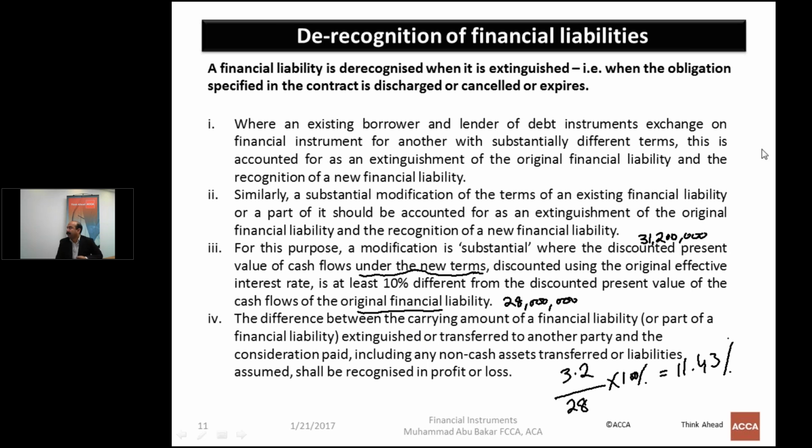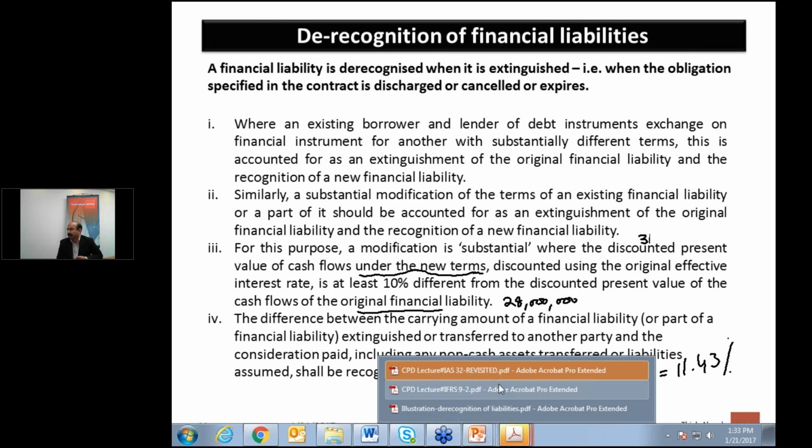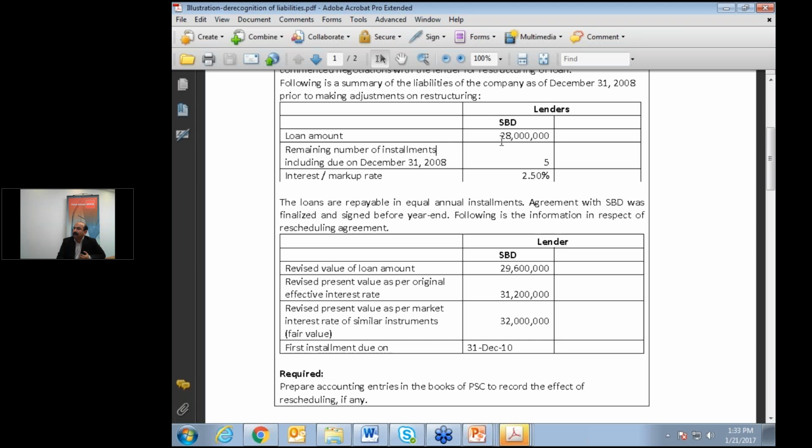Okay, if we come back to our question, see in our question, this was the loan amount with the original effective interest rate at December 31st, 2008, and this was the revised present value as per original effective interest rate. This is important because this 32 million was revised present value but as per market interest rate.